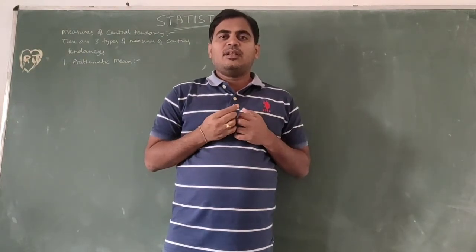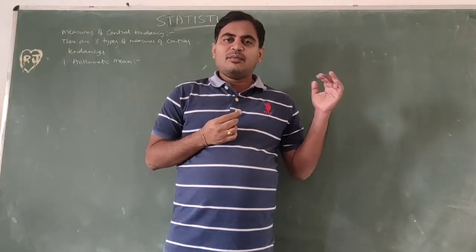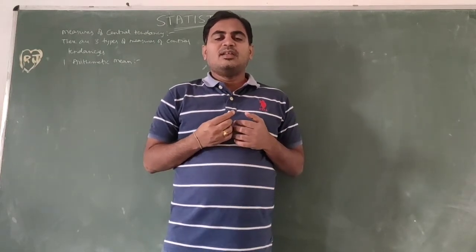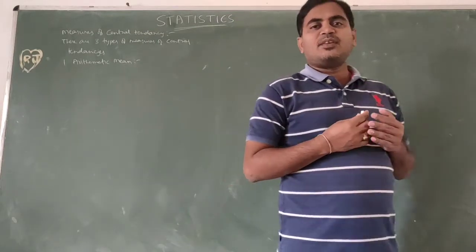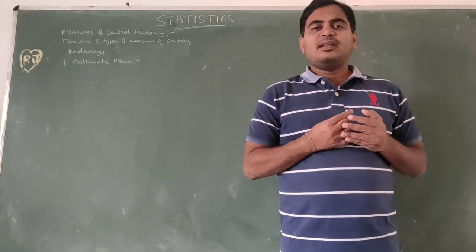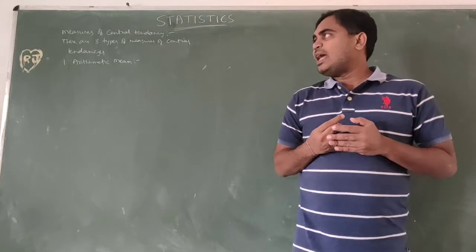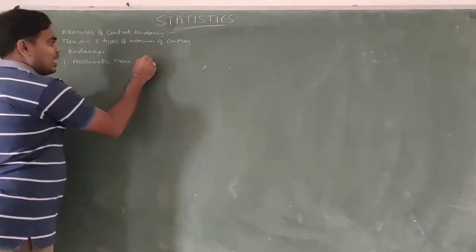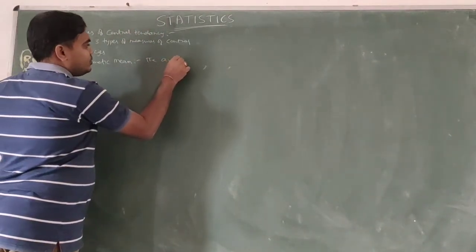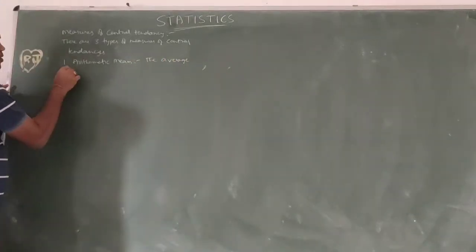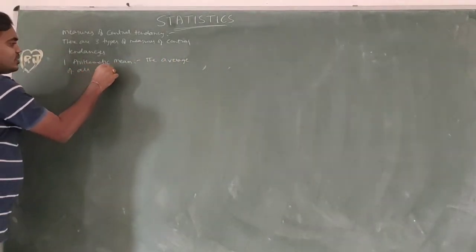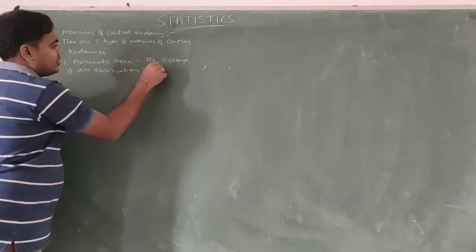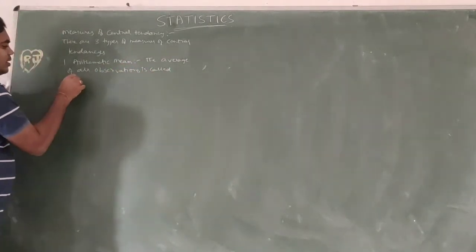To find the mean, we need to sum and divide by the number of observations. So the sum of observations by number of observations is called arithmetic mean. Simply, the average of all the observations is called arithmetic mean.